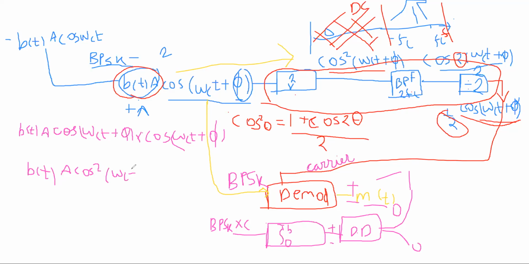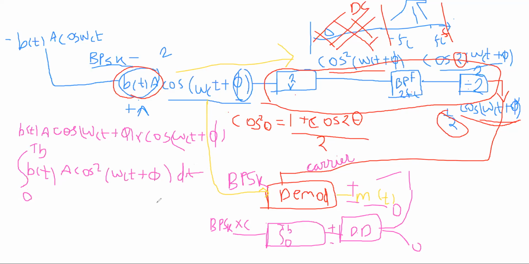So that will be the signal when we multiply your BPSK signal with your carrier regenerated at the receiver side, and then we will integrate this signal for an interval 0 to TB with respect to time, dt, right?